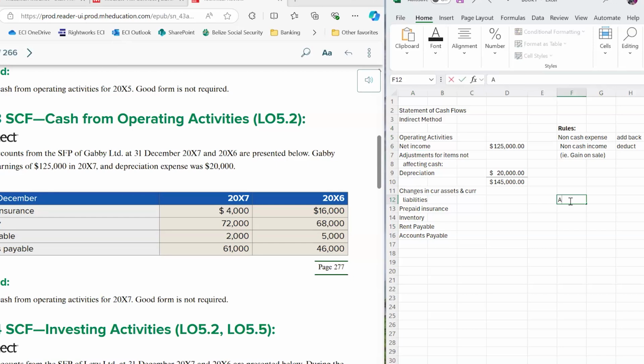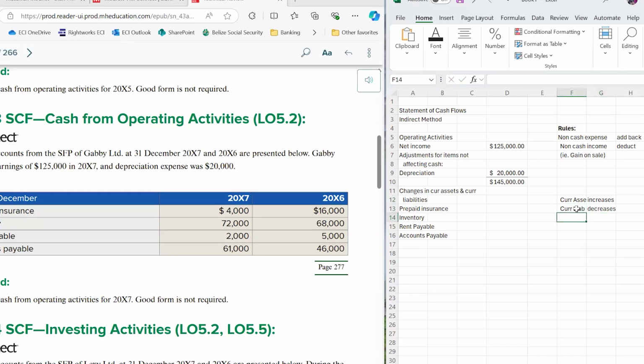So if we have an asset that goes up, we're going to do one direction for it. And if it decreases, we're going to do the opposite. Then, and I should specify this is for current assets only, we have current liabilities only.